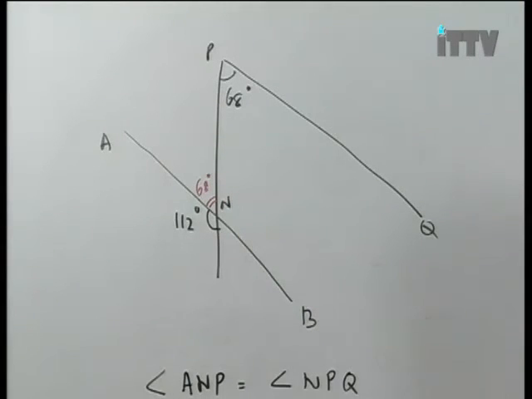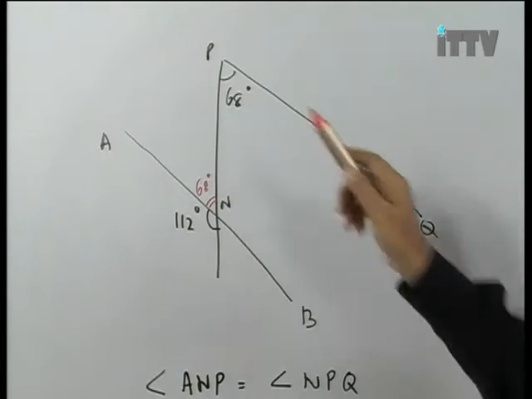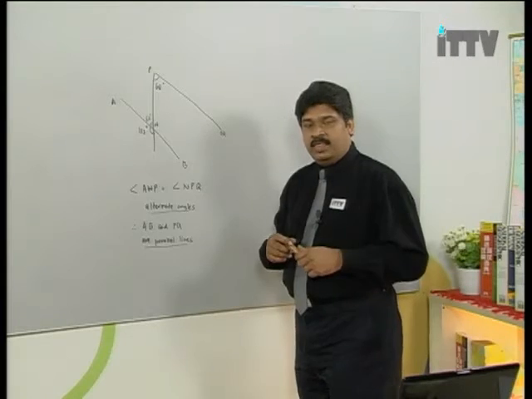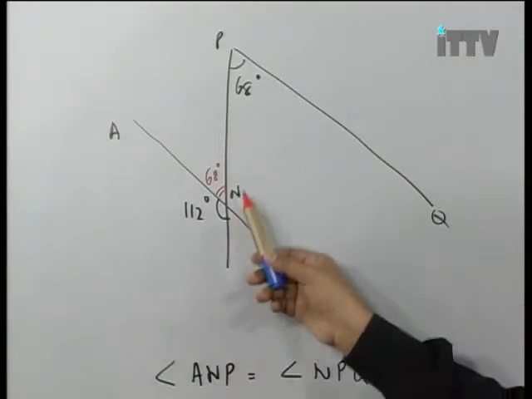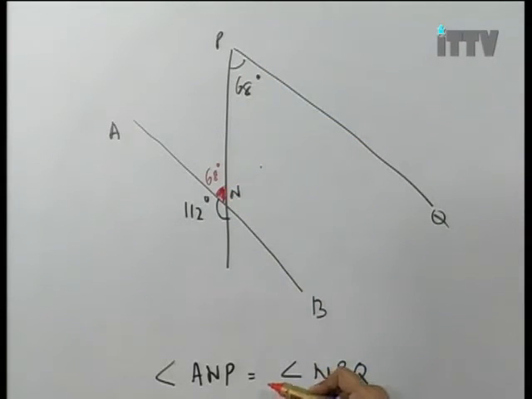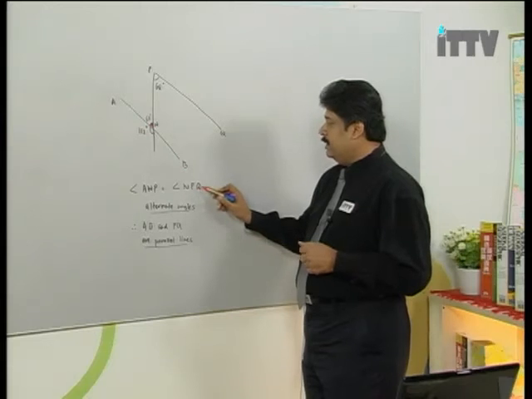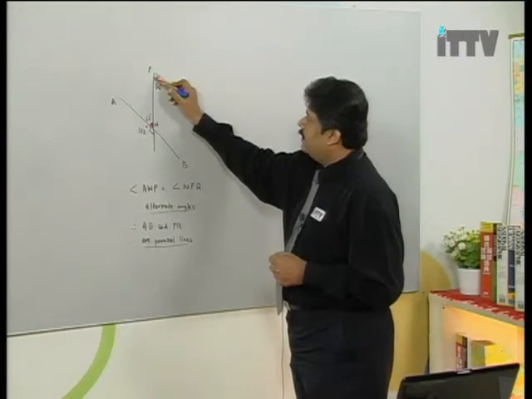Once we have obtained 68 degrees, we compare this with the other side, where we have another 68 degrees. Therefore, this angle is equivalent to angle NPQ.